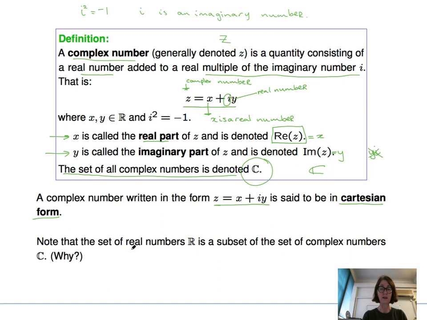Something else to note about real numbers: if you think about it for a minute, you'll see that the set of real numbers lives inside the set of complex numbers as a subset. Why is that true, do you think? Well, think about z being a complex number that looks like this, x plus 0 times i. I'm setting my y always to be 0, but x can be any real number that I like.